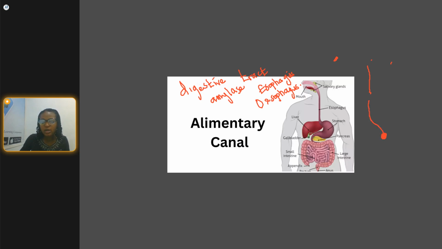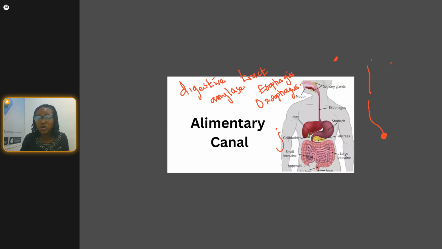Here is your stomach, and the esophagus moves the food to the stomach. So when it gets to the stomach, what is the function of the stomach? As you can see, the shape of the stomach is a J shape, forming something like this. So it is a J-shaped organ with gastric glands.